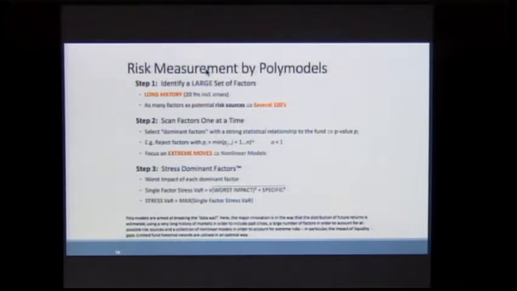And globally speaking, you say the risk is the worst case that I can get from all those factors that potentially explain the risk of my fund. So you at least answer the question of what can potentially happen to your investment, and you also get the explanation for it. So you know the risk source of that risk.